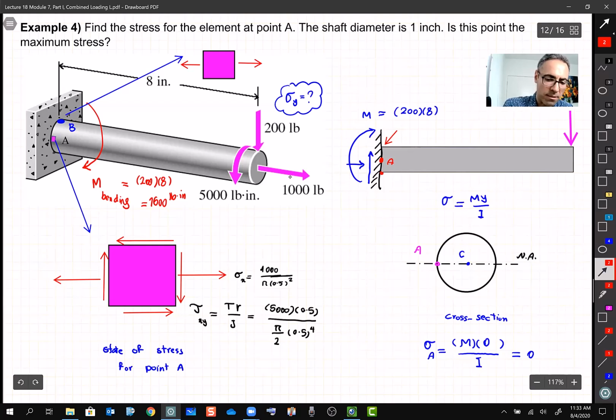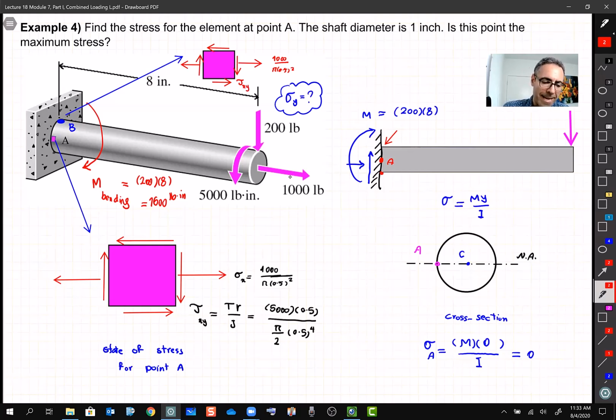All right, that's easy. So it's going to be 1000 divided by I. That's the same. Also, it's going to be the same shearing stress. There is no difference between point A and point B. So the same shearing stress, tau xy.